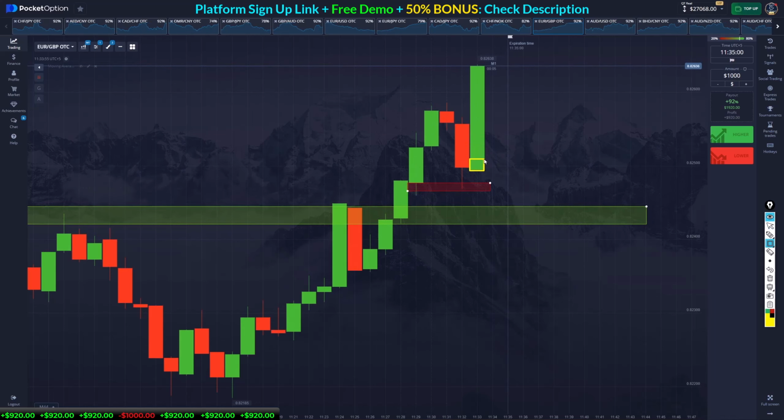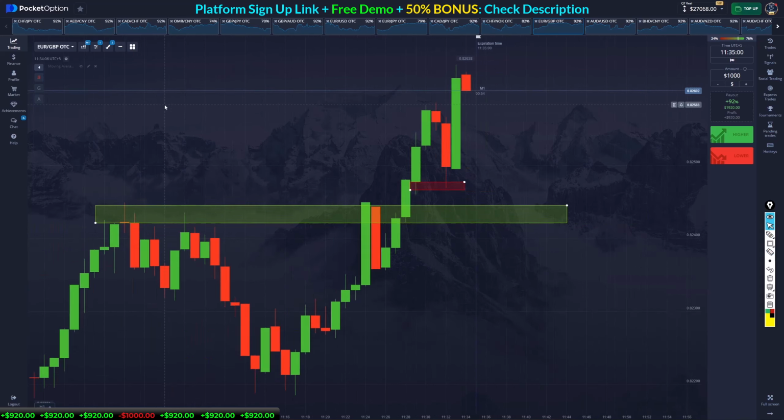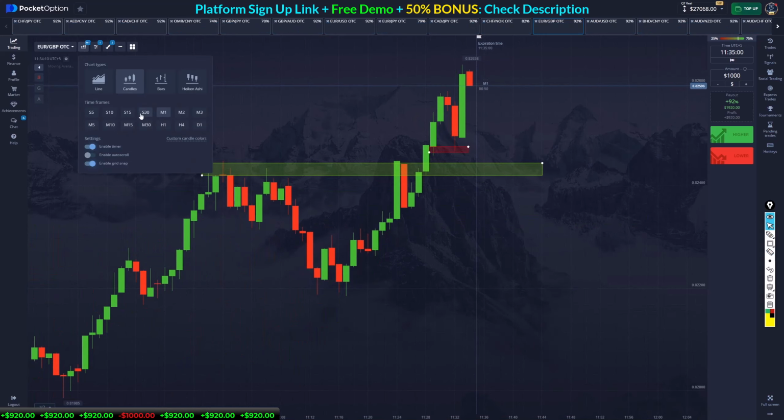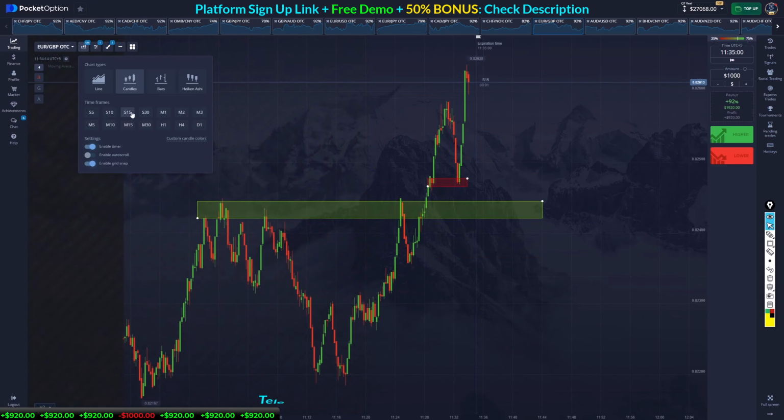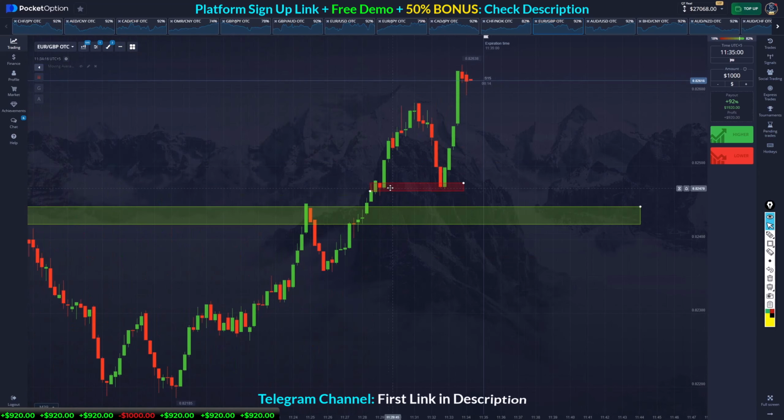But this candle could come down and reject somewhere here and then go up. So this is one of the possibilities that could happen, that we don't even care about because we focused on this candle and we don't care about the rest of the movements of the market. Okay, so if you go to lower time frame, you will see the fresh demand right here.